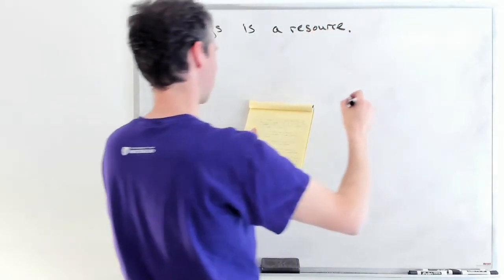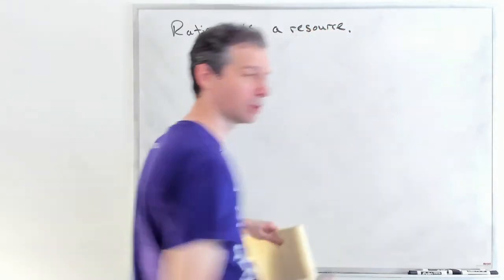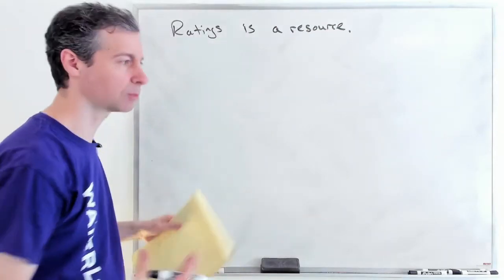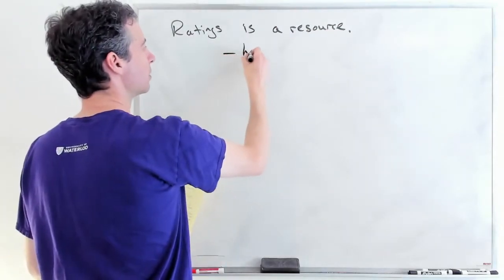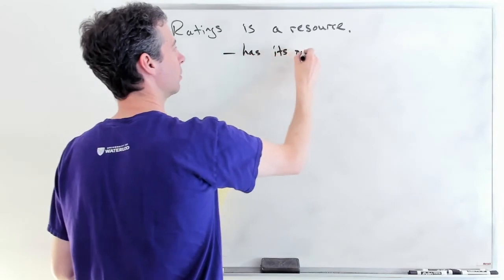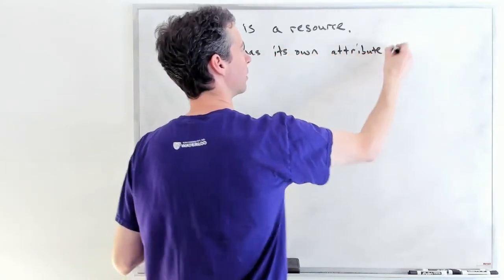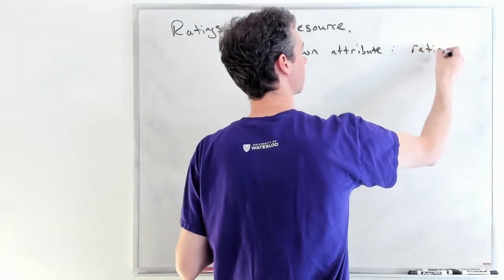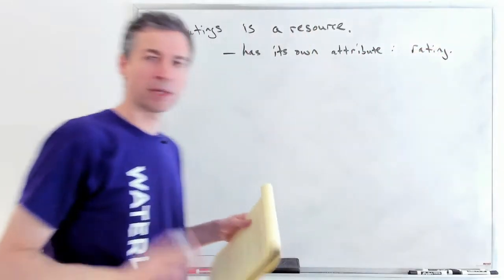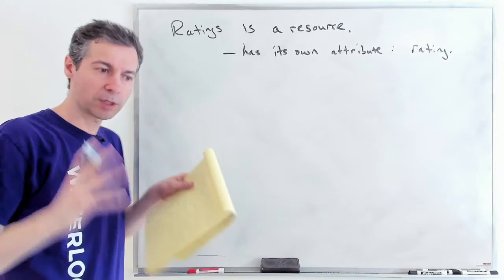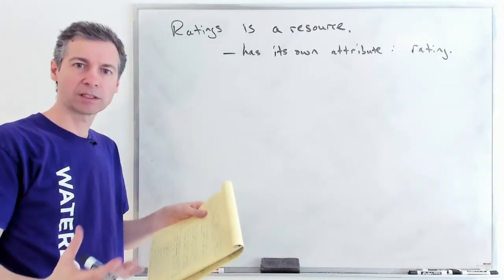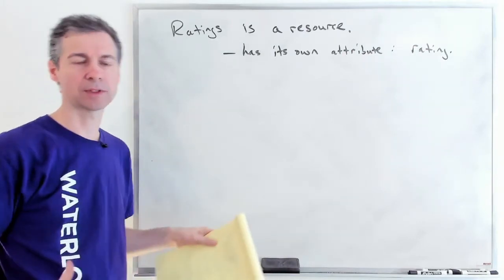Okay. How do we know it's a resource to be dealt with? Well, the big thing is it has its own attribute. So it has the rating. That's one big thing. So we're going to want to be able to access that. And to do that, we're going to have a nice model.